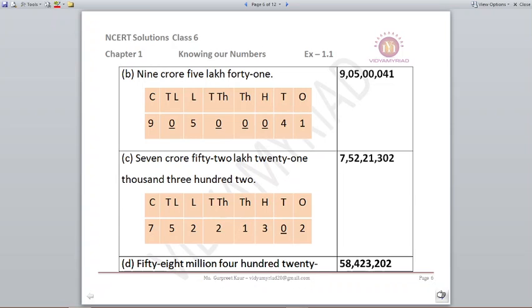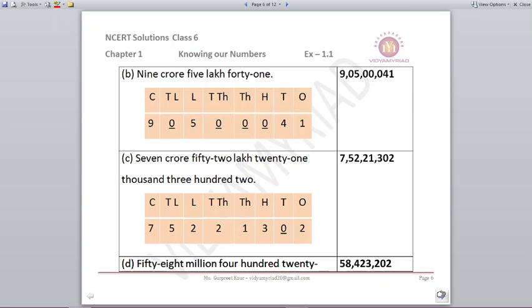In between the missing places you will just put zeros and fill them. So what is my answer? 9,05,00,041. So the rule remains the same in the Indian system, that first you are going to put the comma at the first 3 places, count them, then after every 2 digits a comma will be there.